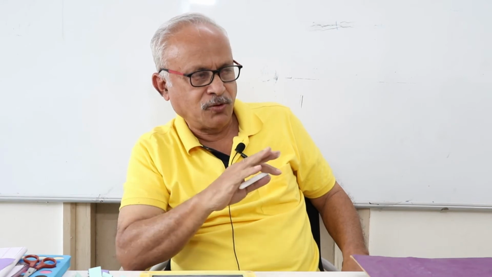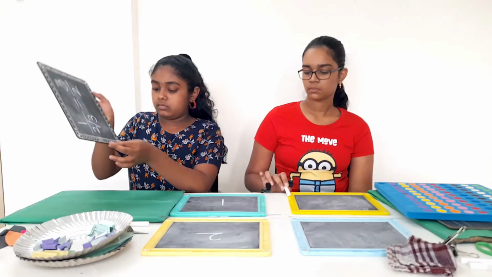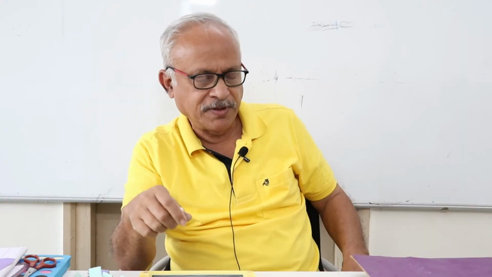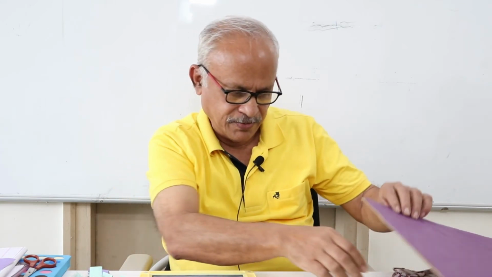Keep that slate, don't erase it, keep it as it is, turn the slate around, and now I'm going to do another problem. I'm going to again make a problem here.